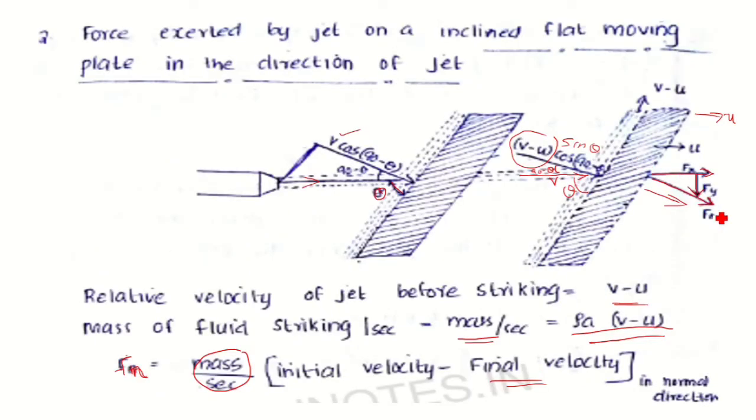We know the normal component value, and this is theta. So the x component will be F of n cos theta, and the y component will be F of n sin theta. So this is the y component.